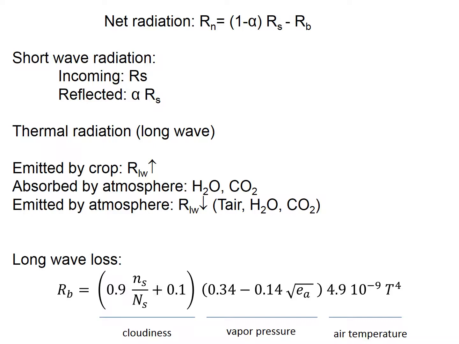In general, the balance for thermal radiation implies long-wave radiation losses. And we can calculate these losses as a function of the cloudiness, the vapor pressure, and the air temperature using this equation.